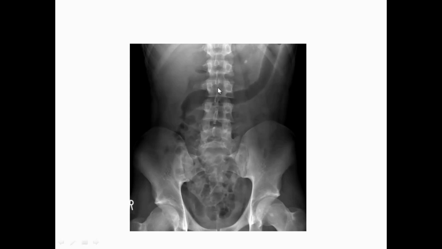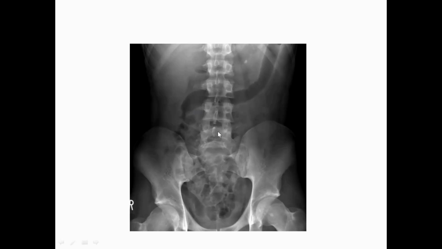This patient, a known case of ulcerative colitis, presents with abdominal pain and bloody diarrhea. They were systemically unwell, feverish, with high inflammatory markers. If you do an X-ray and you get this X-ray, how are you going to interpret this?